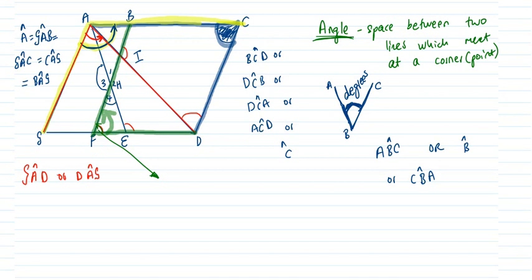You understand me? Or you can call it DFB, or DFI, or DFH, you see. Or you can even call it EFH, or EFI, or EFB. Very important to name your angles properly.